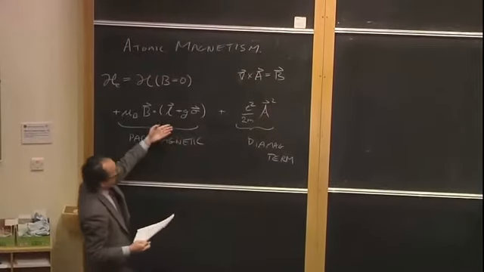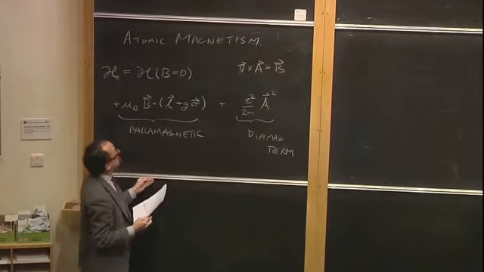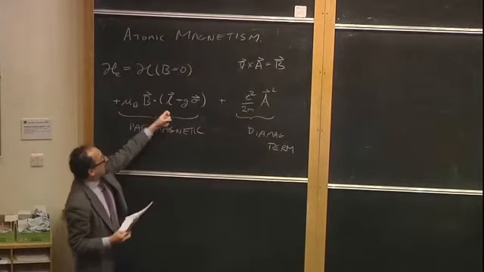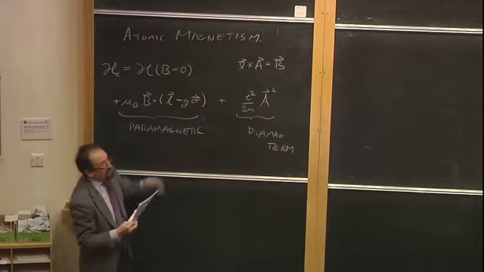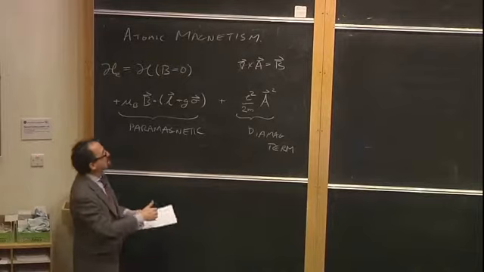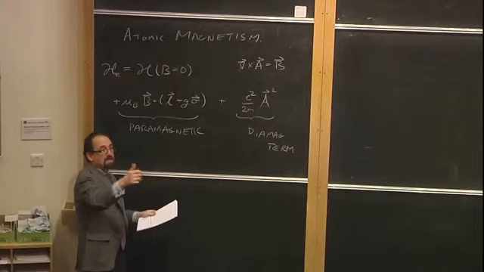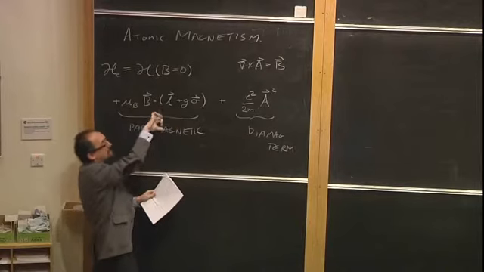It's fairly obvious why the first term is going to be responsible for paramagnetism. Generally, this is just coupling of the magnetic field to the spin or orbital angular momentum of the electron. It's a little complicated because of the minus signs, but the spin, or the orbital angular momentum, both of them want to point opposite B such that the energy of this becomes negative.